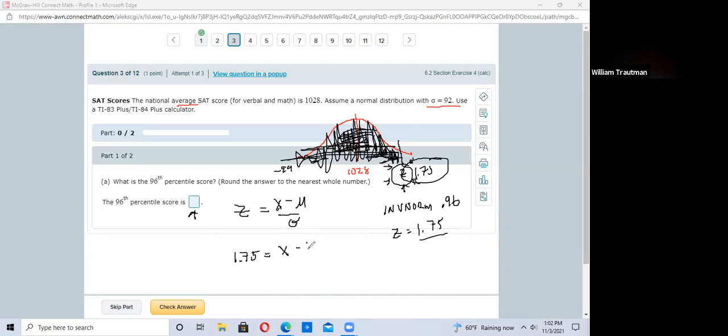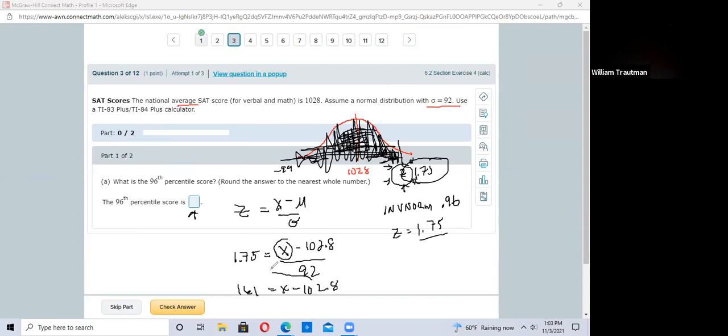The average was 102.8 and the standard deviation was 92. So we're trying to find this X. First, we multiply both sides by 92. 1.75 times 92 gives exactly 161, no decimal. 161 equals X minus 102.8.